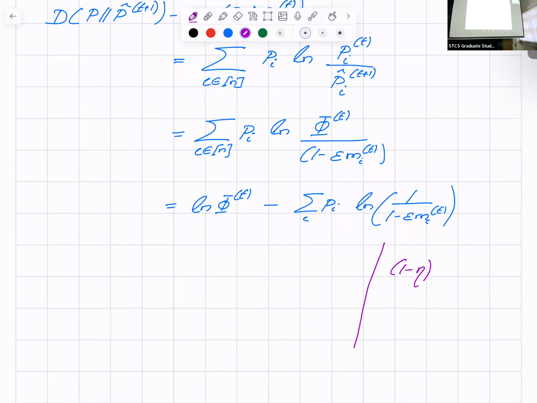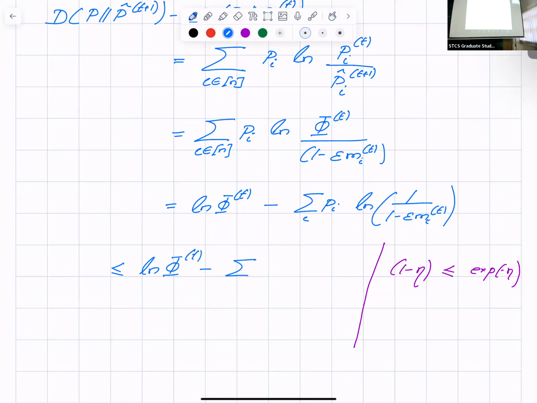We bounded it using exp of minus eta. And which direction does it go? This is less than or equal to this. So if I'm going to use that here, that's in the denominator and there's a negative sign, so the inequality is maintained as before.